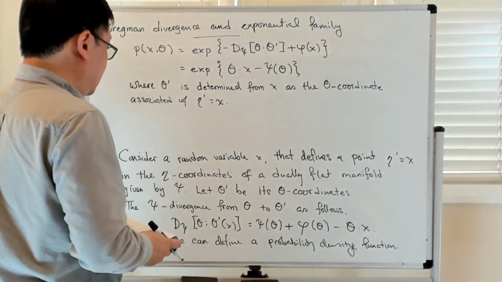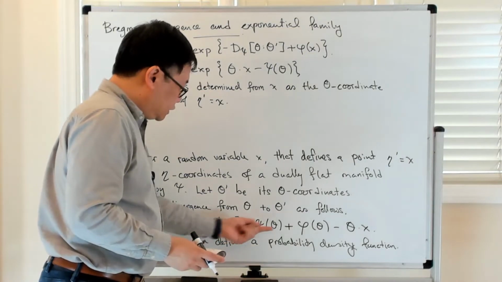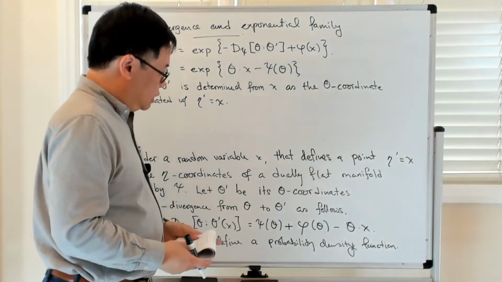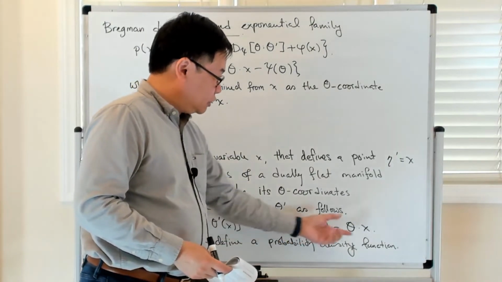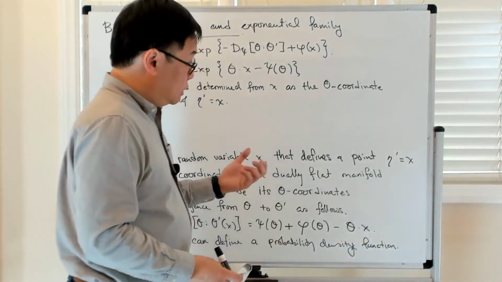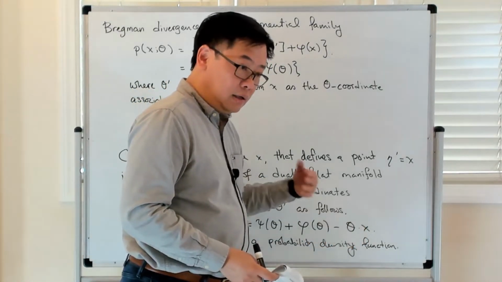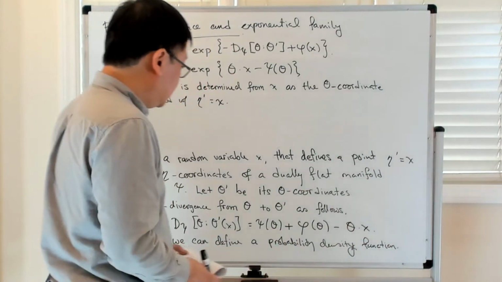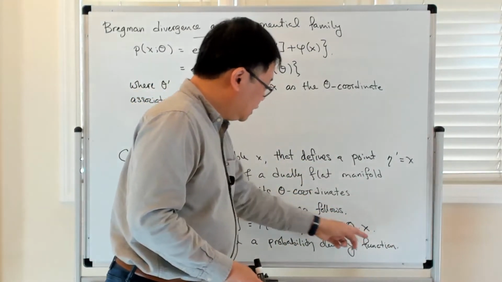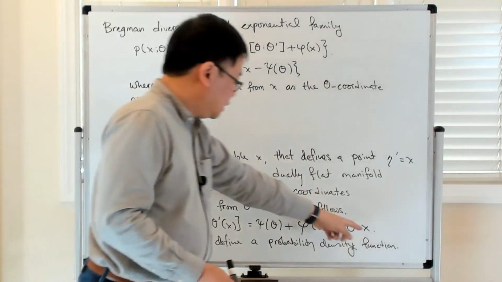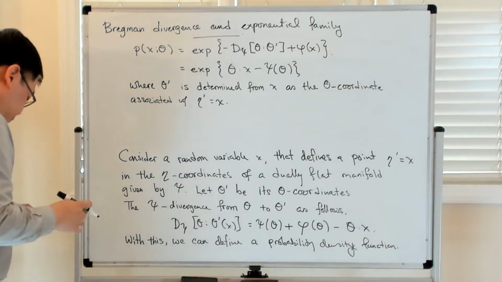And this particular form of the Bregman divergence, if you recall, involves the primal convex functional, the dual convex functional, and the inner product between the primal and the dual coordinate. It just so happens that because of the way we set it up, the dual coordinate is x, which is what happens here.